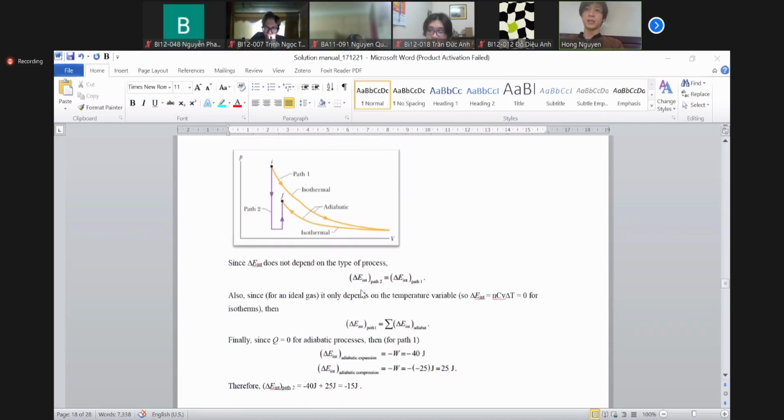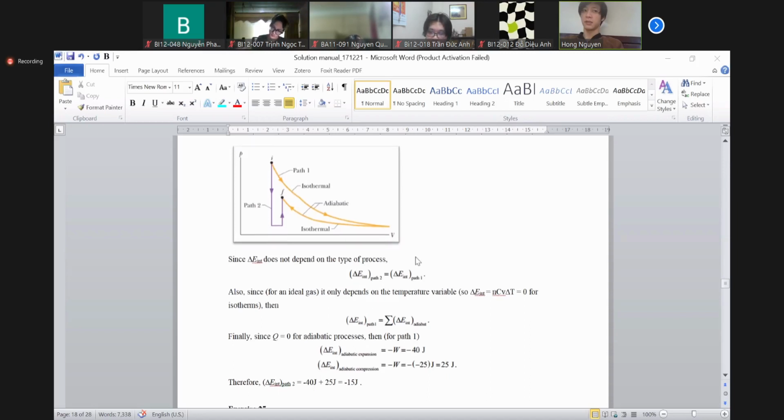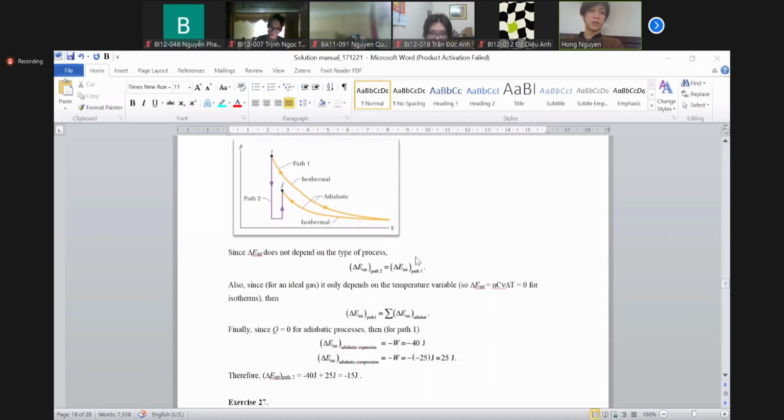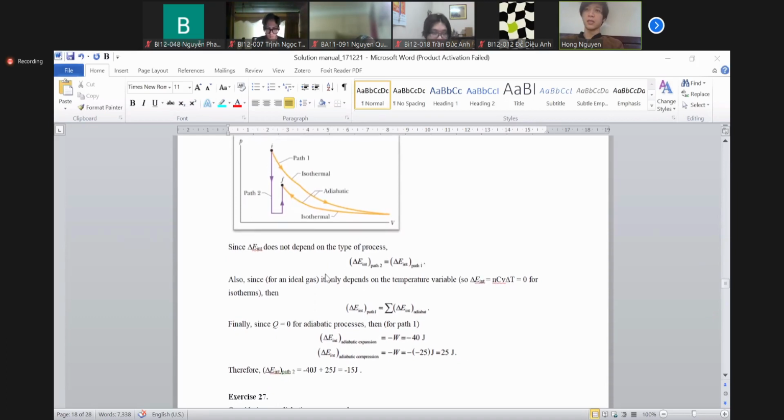Firstly, what we know is that the change in internal energy of path 2 equals that of path 1. And then what do we have for isothermal processes?